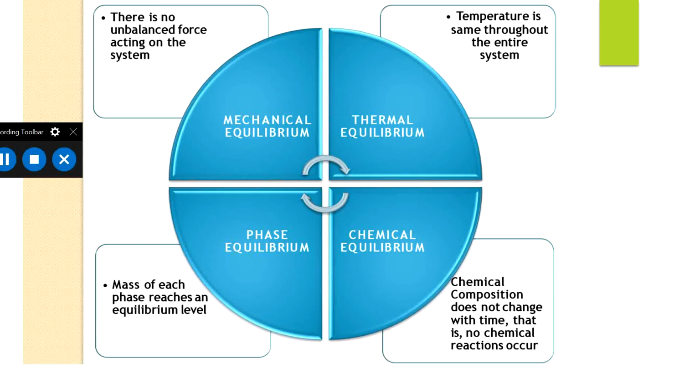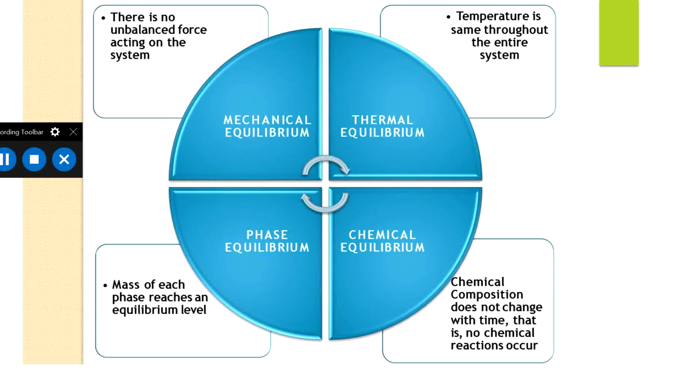And phase equilibrium: the phase of the system does not change, or the mass of each phase reaches an equilibrium level. Then we can say that the system is in phase equilibrium. And there is chemical equilibrium, where the chemical composition does not change with time.